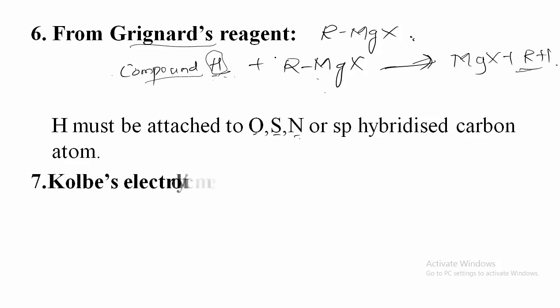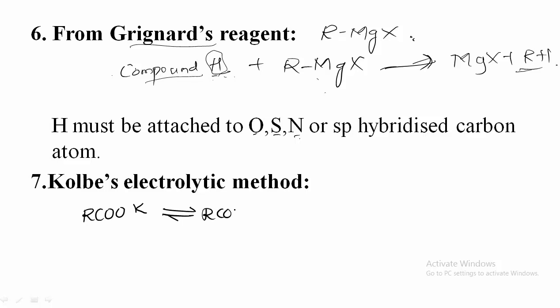Another method is Kolbe's electrolytic method, that you have already studied in regular classes also. Just we will take RCOOK, that is a fatty acid salt. It will form RCOO minus plus K plus.